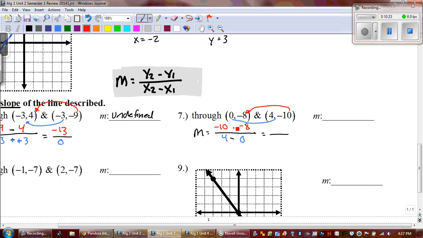Well, the top turns into addition, and -10 plus 8 is -2. On the bottom, 4 minus 0, well, that's just 4. And remember, we always, always, always reduce. So you can divide both of these by 2. And then our slope, which is what we're left with, is -1/2.